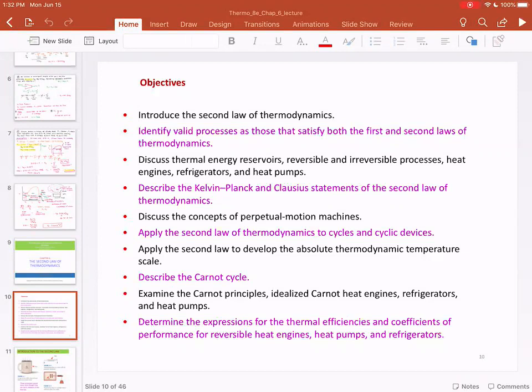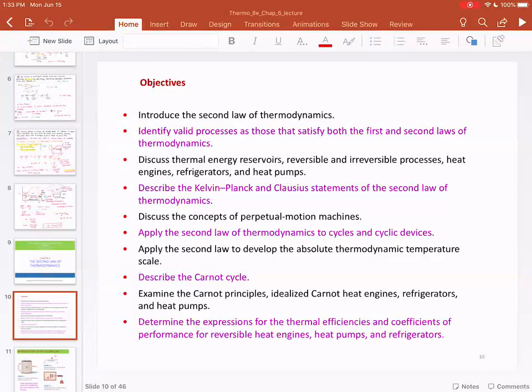So basically, we know that heat will flow from high temperature to low temperature on its own. But if you want to reverse that flow of energy from low temperature to high temperature, you have to spend some energy. And that is where the second law of thermodynamics comes in the picture.